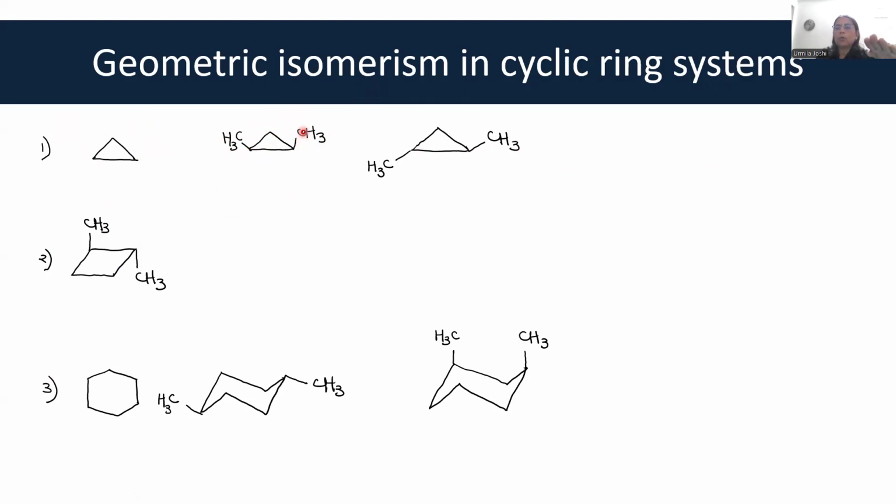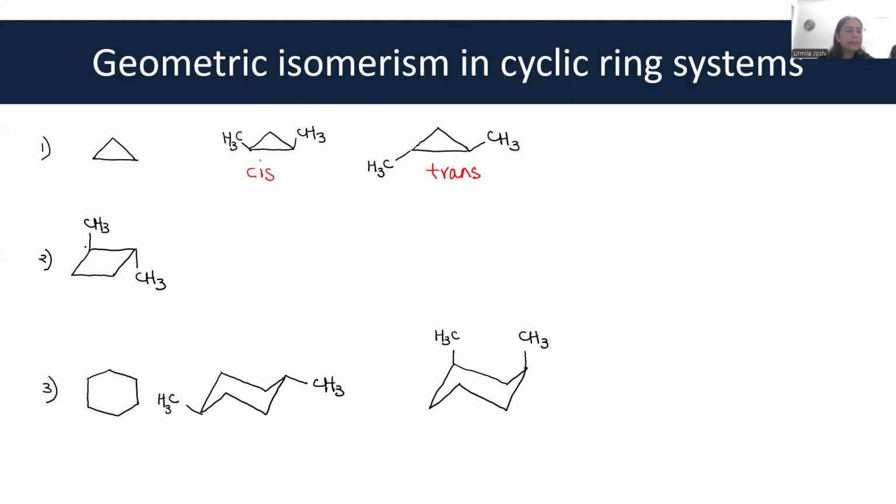So the methyl groups can be both on the same side, or one pointing towards top and the other pointing towards bottom. So this compound shows cis-trans isomerism. So this compound is cis. Why is this cis? Because both the methyl groups are pointing in the same direction. Whereas this is trans because both the methyl groups are pointing in the opposite direction.